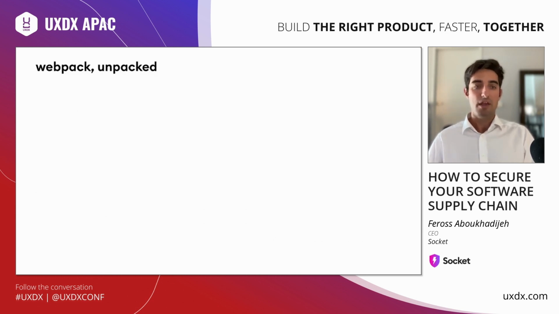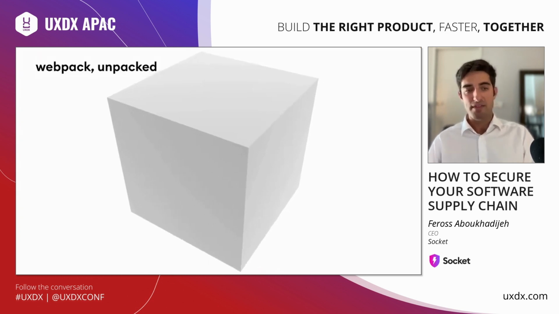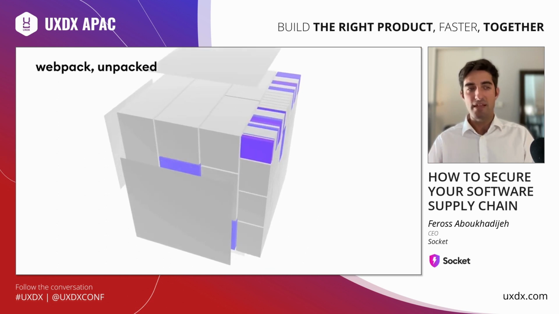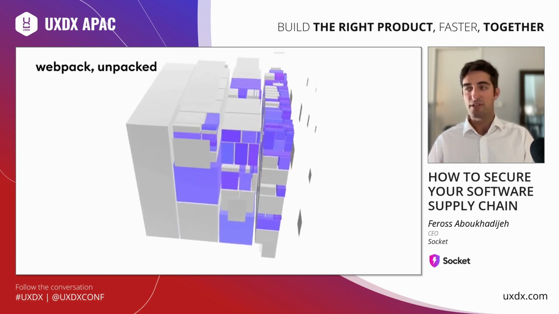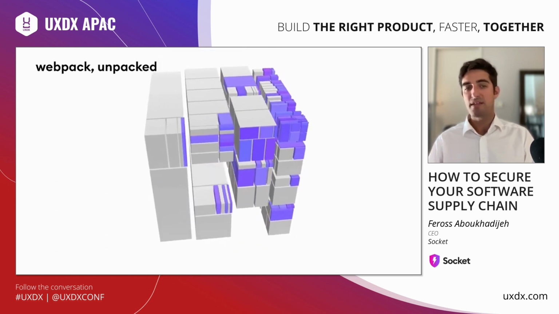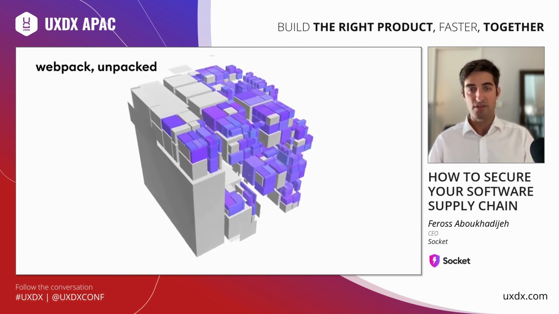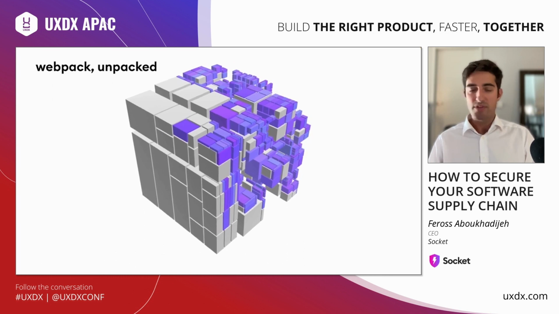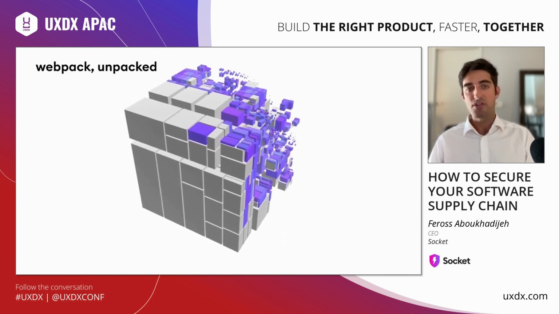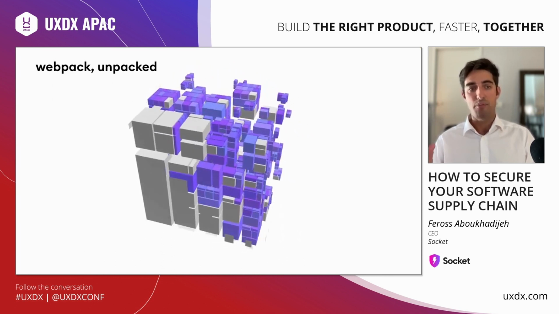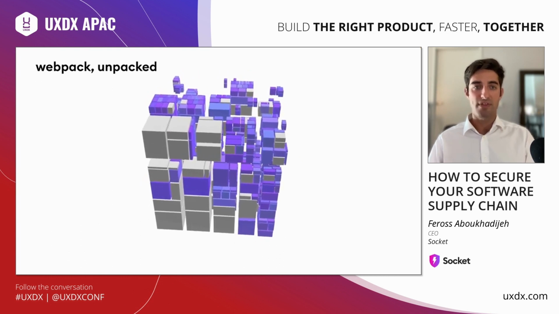We actually at Socket made this visualization here to give you a sense for what a dependency actually looks like. So this is the Webpack dependency that's very, very common. It's probably building your front-end server right now if you have one. What you see here is every gray box is a package, and every purple box is a file within a package.